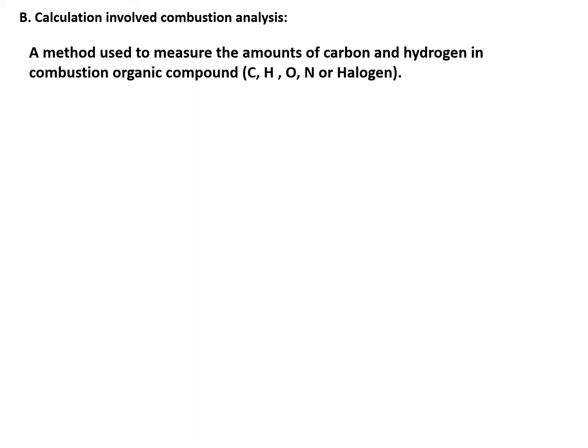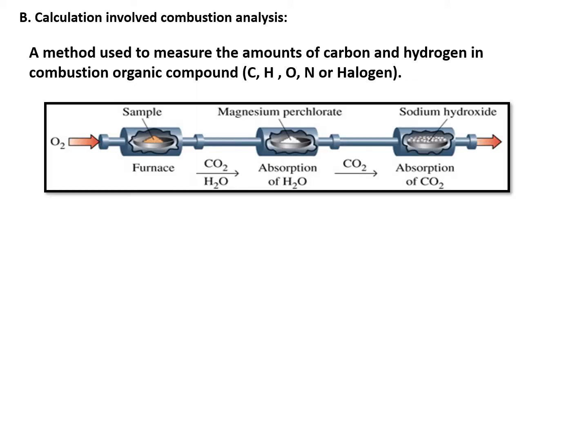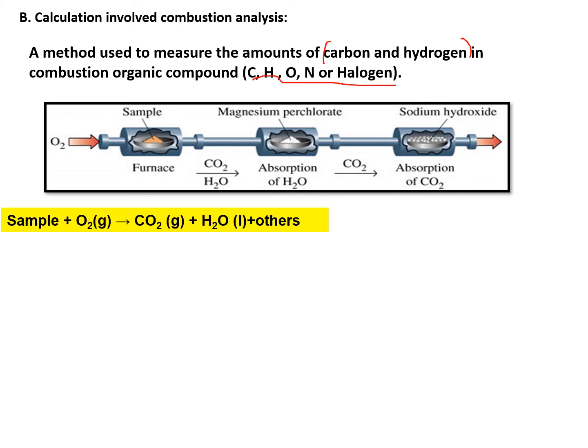Second type of method is calculation involving combustion analysis. This is a method to measure amount of carbon and hydrogen in a sample organic compound. The organic compound can be formed by carbon, hydrogen, oxygen, nitrogen, or halogen. The concept of the experiment is the sample will combust with oxygen and produce carbon dioxide, H2O, and maybe other gases.